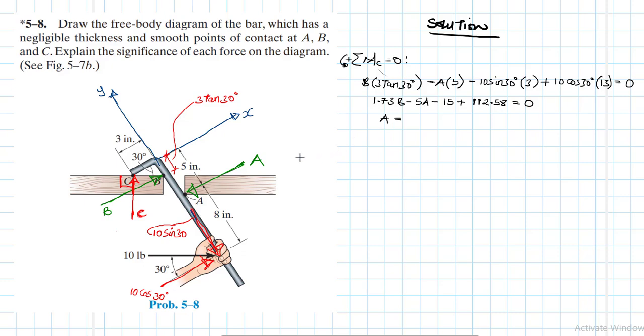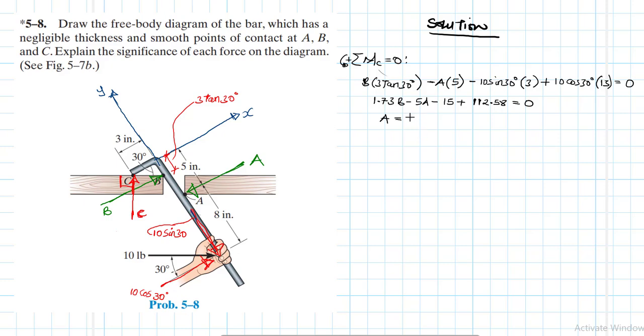alright, let me just try and resolve this. Alright, just 12.8 minus 15. Okay, what do we have? We have that, and then divided by 5.